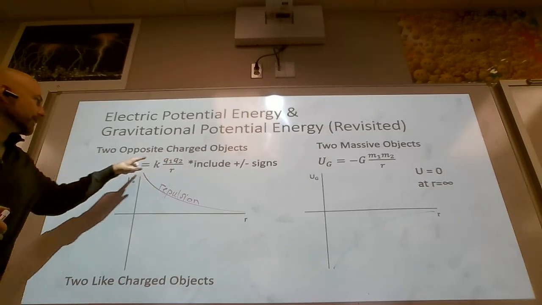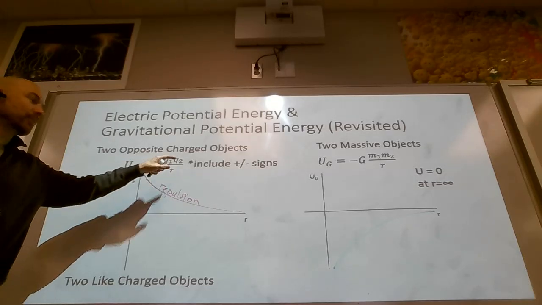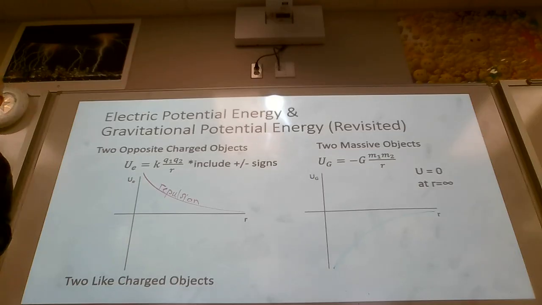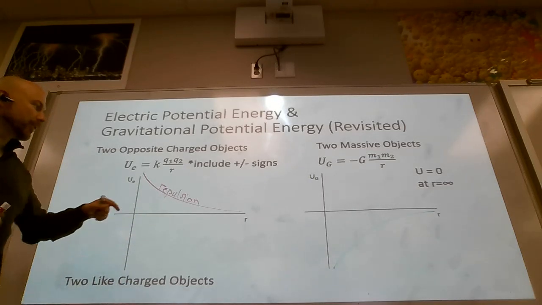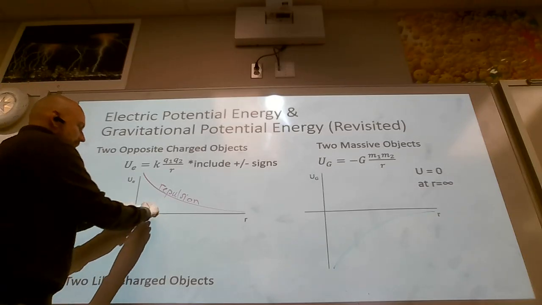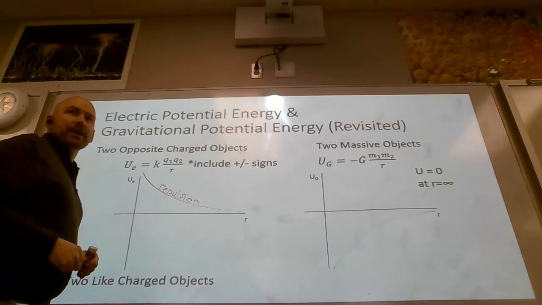If they're both positive, this is positive. If both are negative, this is positive. If one's positive, one's negative, ooh. Okay. So this is repulsion. Two positives, they're close together, there's more potential energy. As you go farther apart, there's less potential energy.